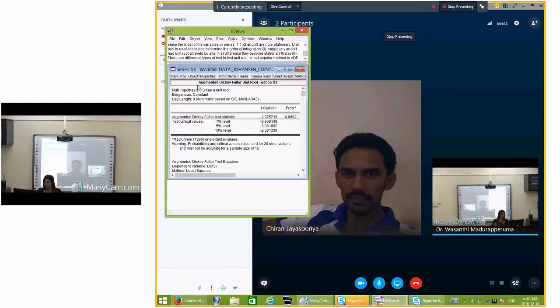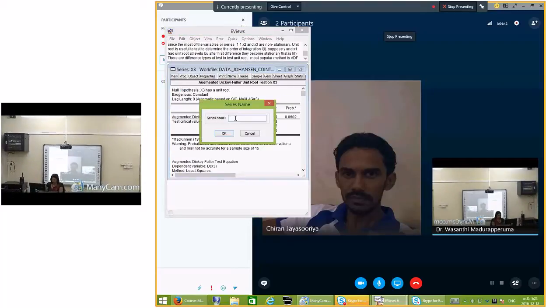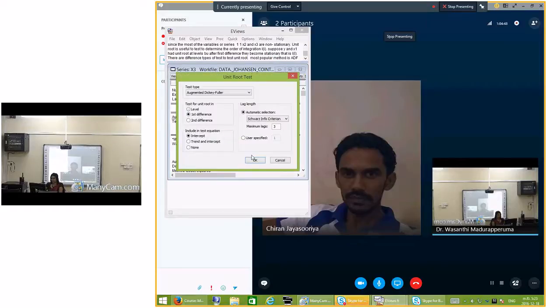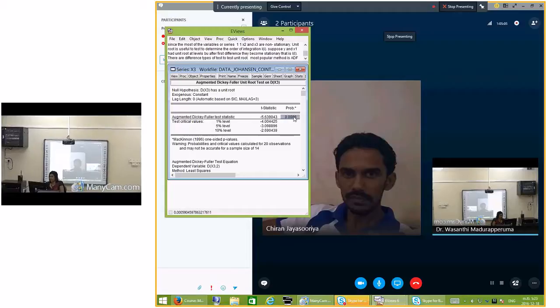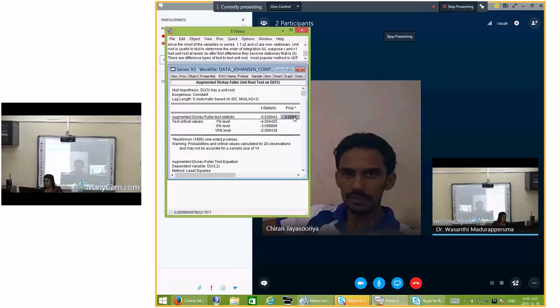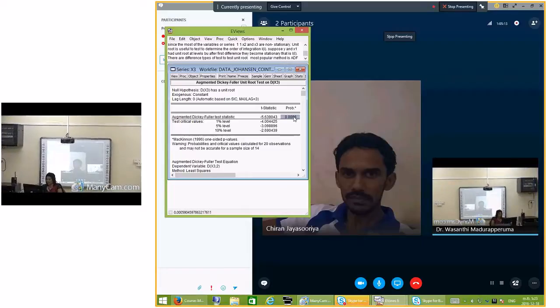Then go to the first difference. You can see the probability value is less than 5%. That means the variable x3 does not have a unit root. It means the data in the first difference are stationary.